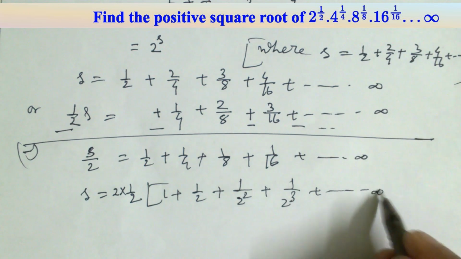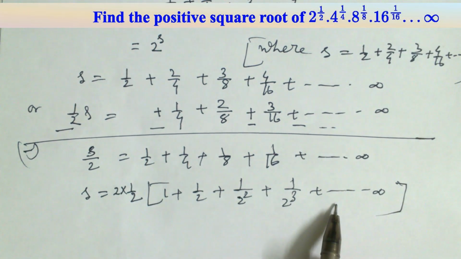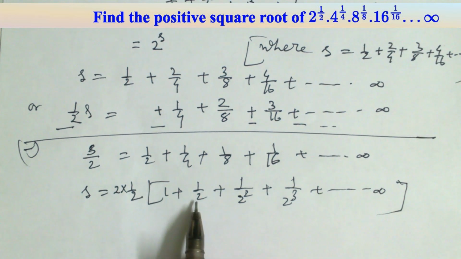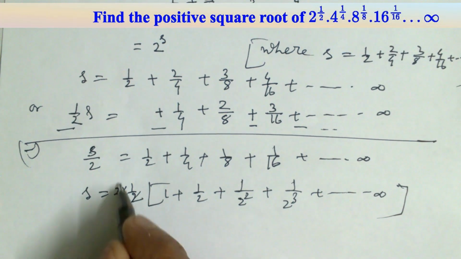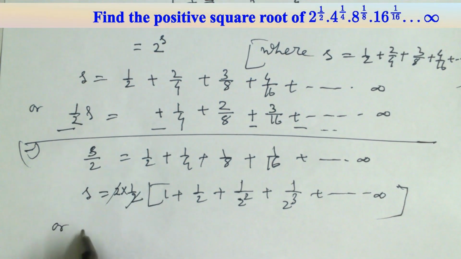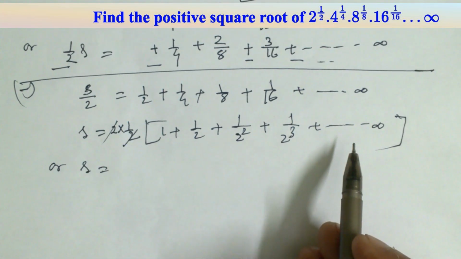Now see, obviously this is a GP series whose common ratio is half. Each term multiplied by half gives the next term. So this is an infinite geometric progression.